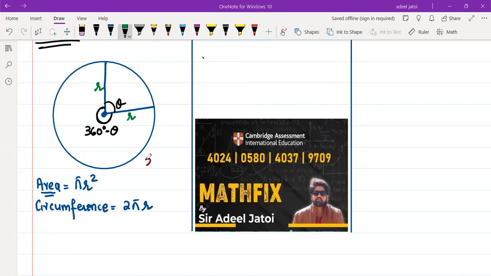Now, the normal pi value is 22 upon 7 or 3.142 and more decimal places, but generally we'll be taking the exact pi value if we are doing it in paper 2. That will be in the calculator.